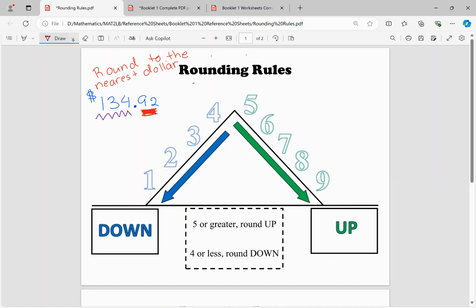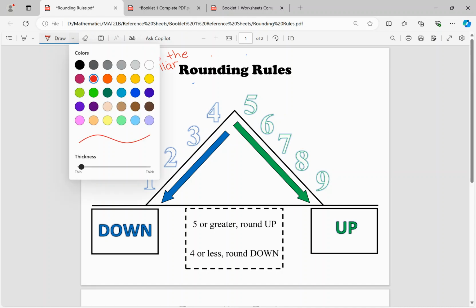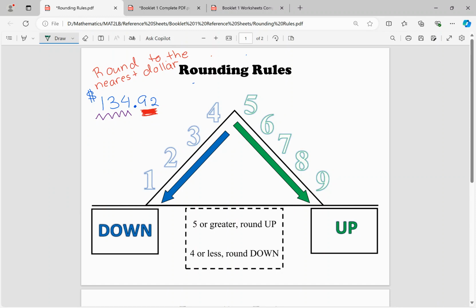So if I ask you to round to the nearest dollar, the most important thing that you need to recognize is that we are rounding to the first number of your dollars. In this case, that's going to be the 4. So we are rounding this 4. So I'm just going to erase some of this to make our life easier, and I am going to underline the 4 to show that that is what we are rounding.